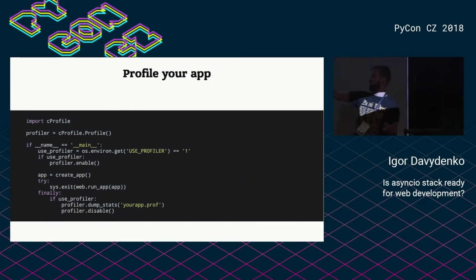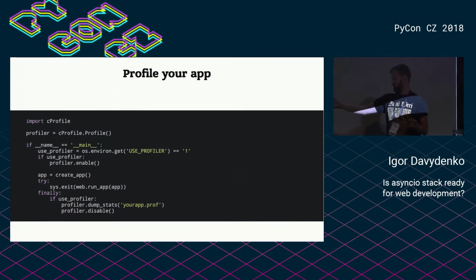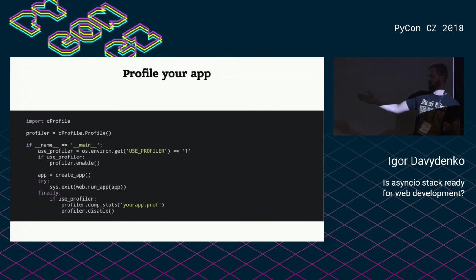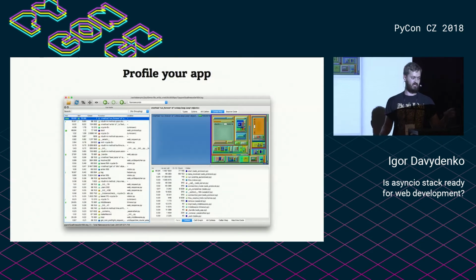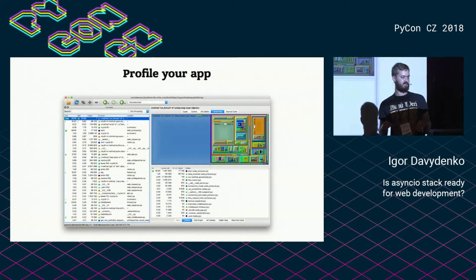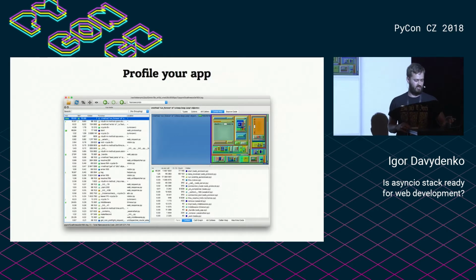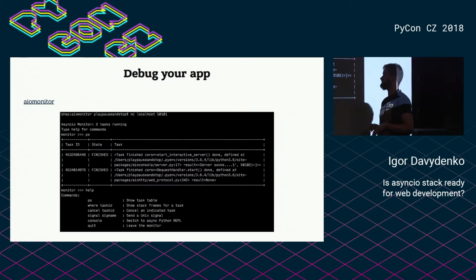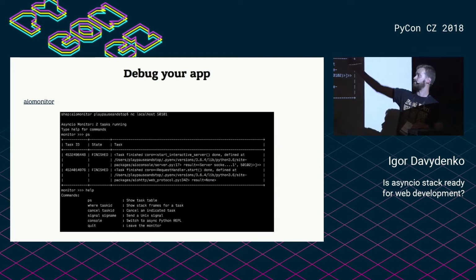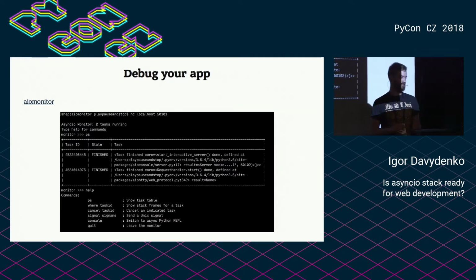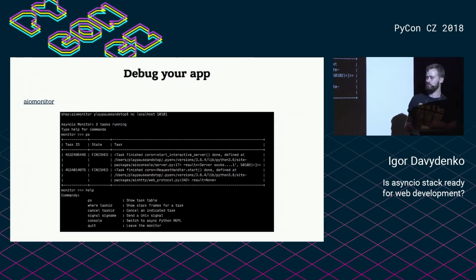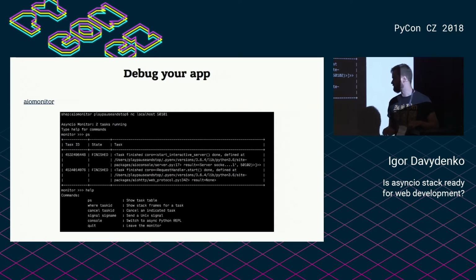You just enable the profiler, dump the stats from it, and then using KCachegrind or any other tool, see what's going on with your application. And if you need to debug your applications, please use aiomonitor. It's a great tool to check which tasks are running, which are stuck, which are not used, which can be cancelled, and so on. So you can debug, and in most cases you should.